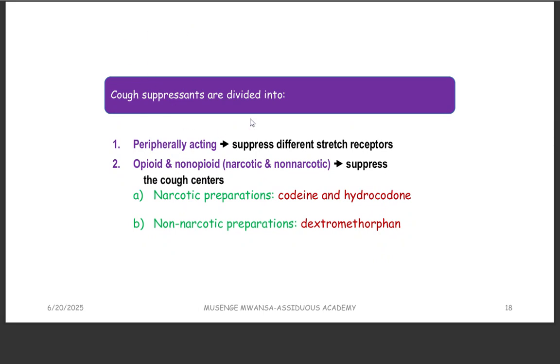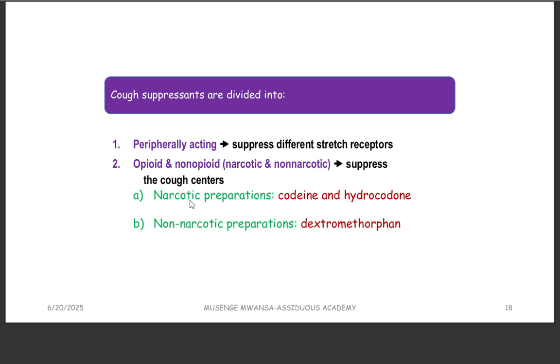So cough suppressants are actually divided in two. The antitussives are divided into the peripherally acting, those that suppress different stretch receptors on the periphery, like on the respiratory system itself, and the opioid and non-opioid, or the narcotics and the non-narcotics, which suppress the cough center in the brain.